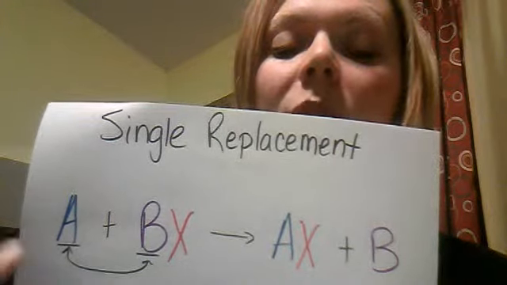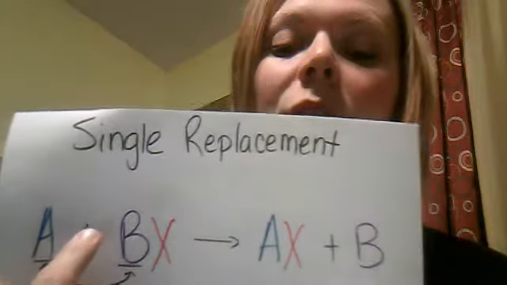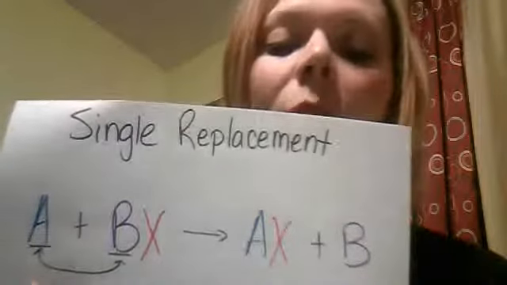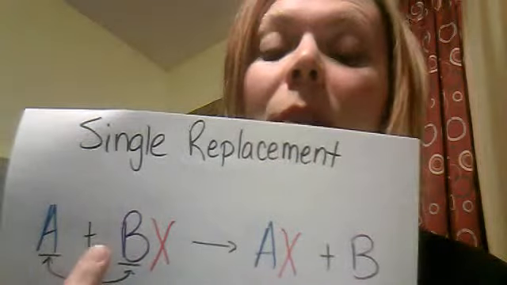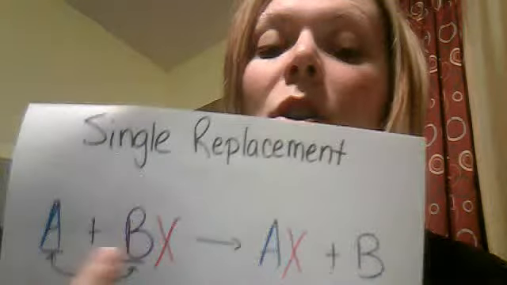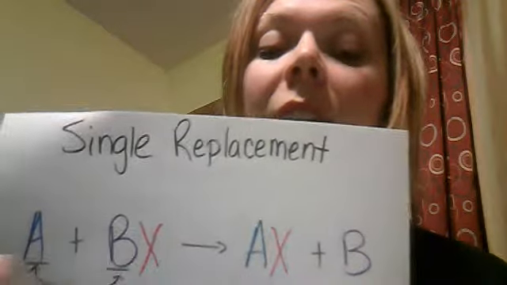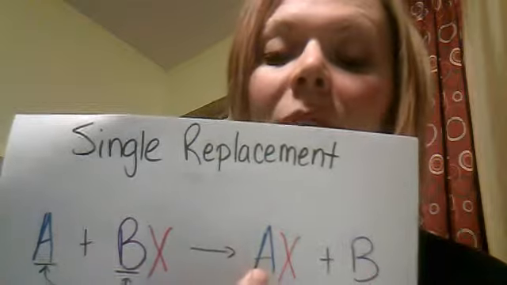So A is going to come in, kick out B, and take their spot. Now you notice in this case I use the blue side of the rainbow. So A is a cation, and he's going to come in and replace B, who is also a cation. And so you'll notice that where B was written first, A is also written first over here with letter X.